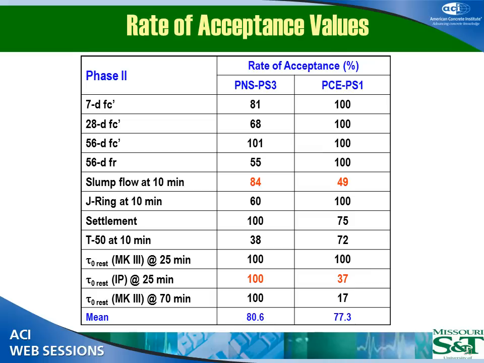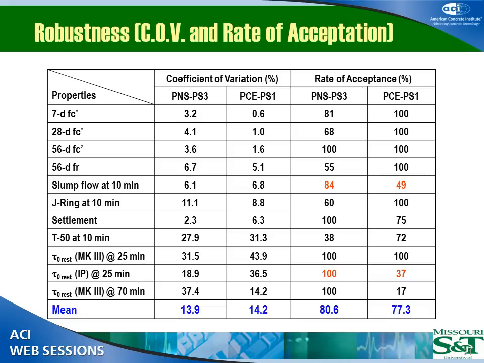Alright, so what we did is we looked at the rate of acceptances of the different properties that we evaluated, and they are listed over here for both mixtures, the PNS plus the Wayland gum, and the polycarboxylate plus the diutan gum. And these are the values we just looked at, but the rate of acceptance are here.